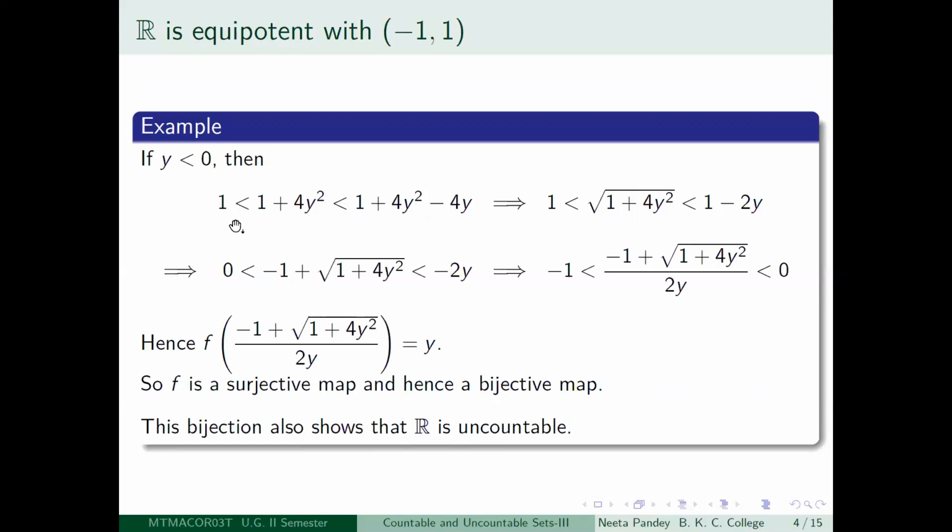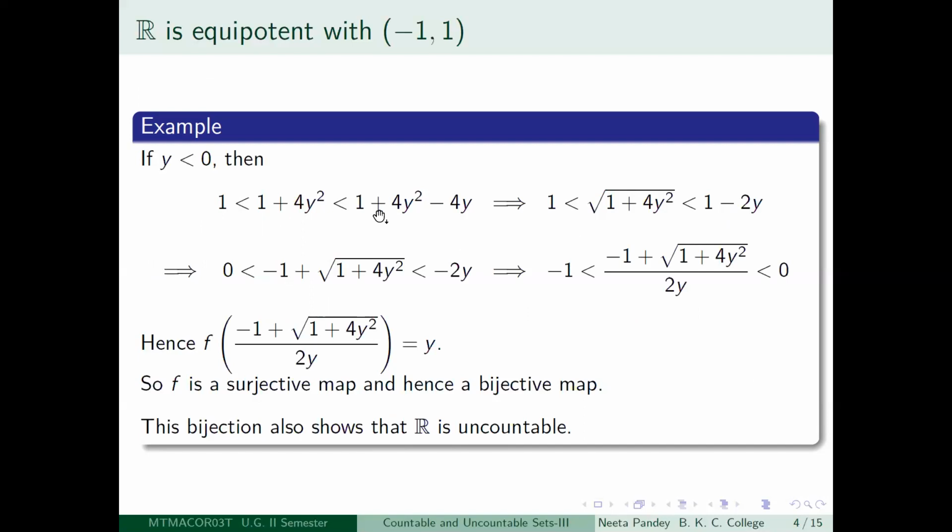So let us see what is the argument. First of all, again 1 plus 4y squared is greater than 1. No problems with that. Now your 4y is a negative number. So minus 4y is a positive number. Therefore, 1 plus 4y squared minus 4y is going to be strictly greater than 1 plus 4y squared. So again you take the positive square root. Then your inequality will not change and you will get 1 less than square root of 1 plus 4y squared less than what?